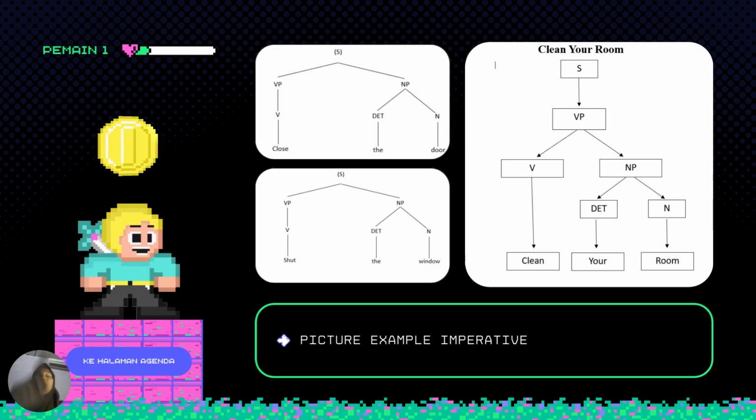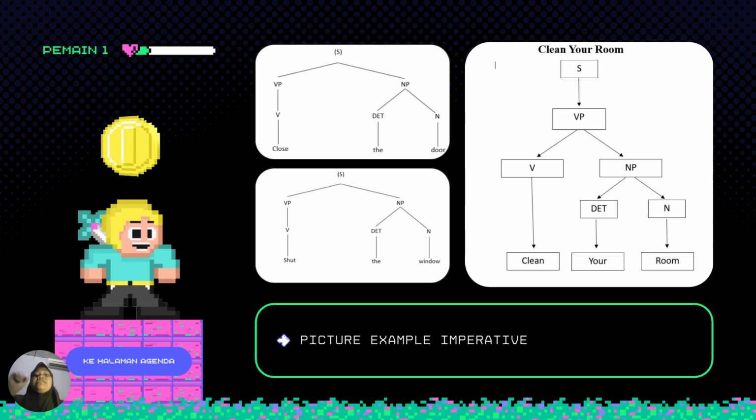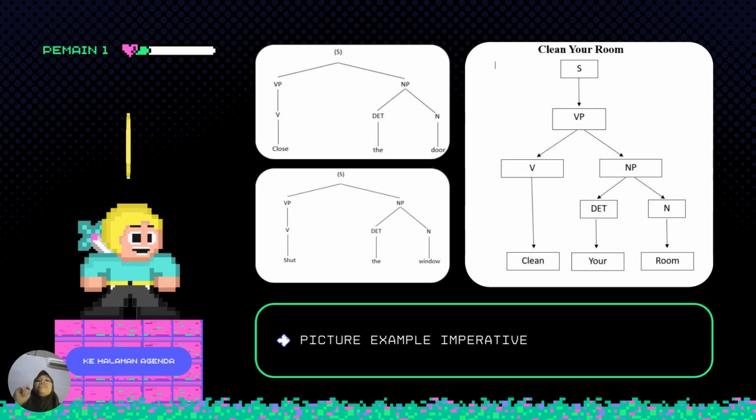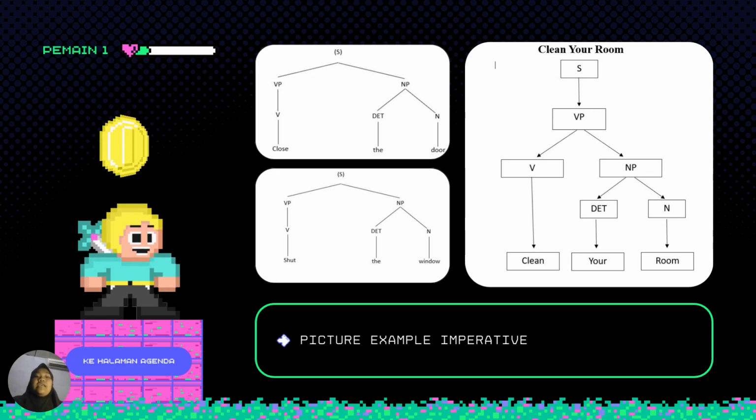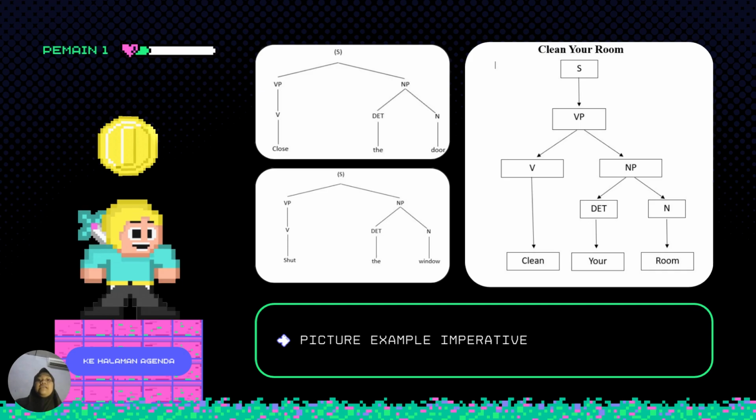In an imperative, they don't have a subject. They just have a verb and a noun phrase. So in the first sentence, you see close the door. Close the door means tutup pintunya.